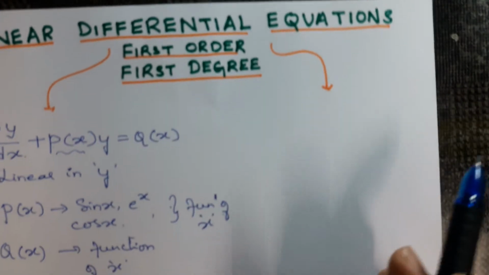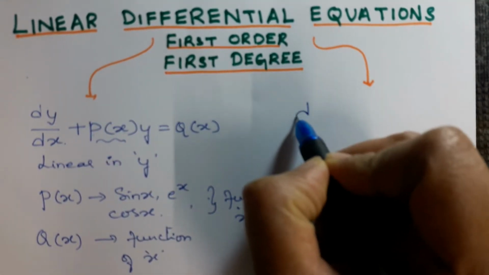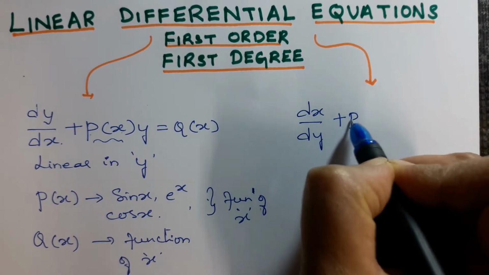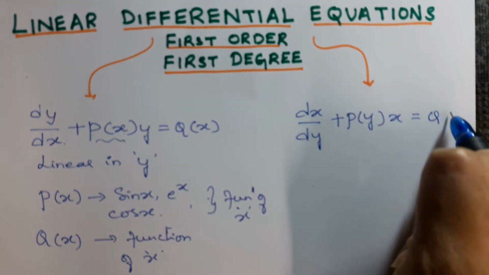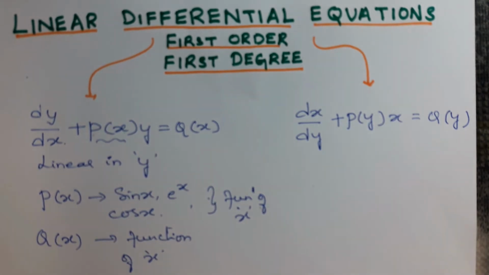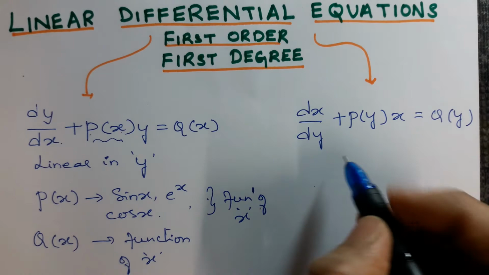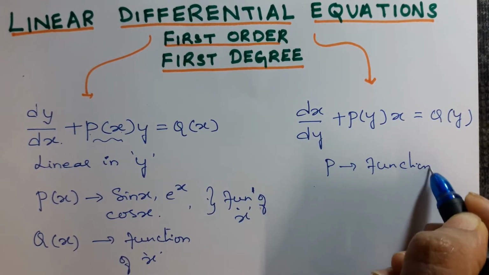Then the next form of linear differential equation is dx by dy plus p of y into x is equal to q of y. Here p will be a function of y.